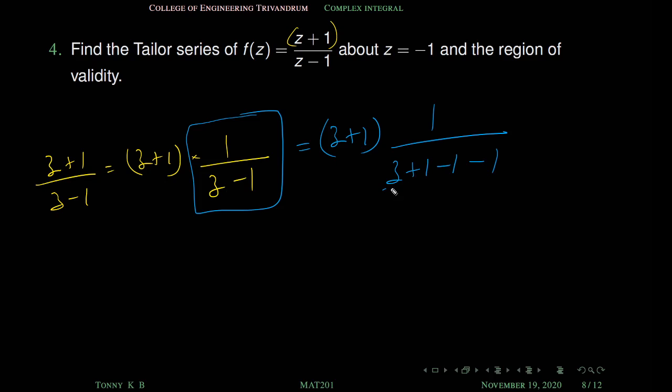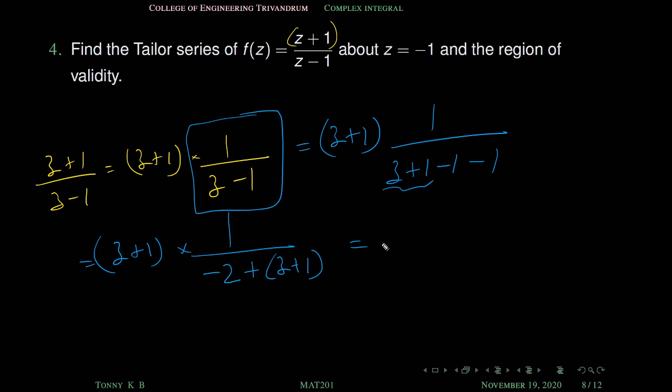Next, this term is what we need, so we don't touch it. Again this can be written as z plus 1 into 1 by, this becomes minus 2, minus 1 minus 1 is minus 2, plus z plus 1, right?